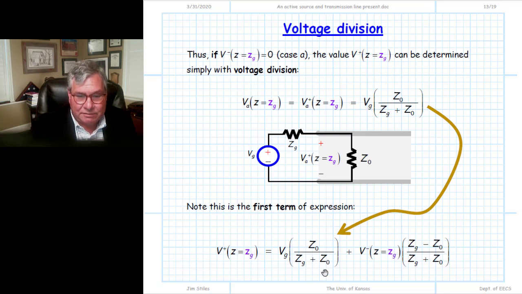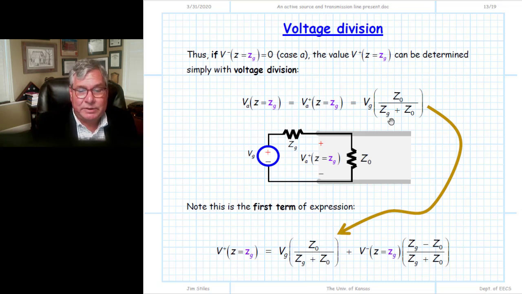This result is the first term that we had in our plus wave voltage expression for the beginning of the line. Remember, this is the first term, and then this is the second term. This is our VB plus that we had. Again, we set this equal to 0. This term goes away, and we're left with this, which is exactly the result we got by circuit analysis.